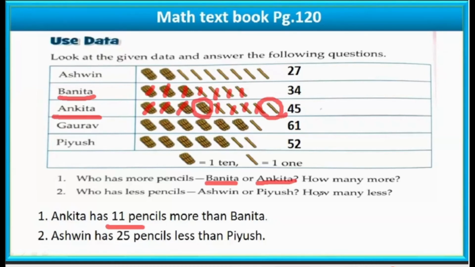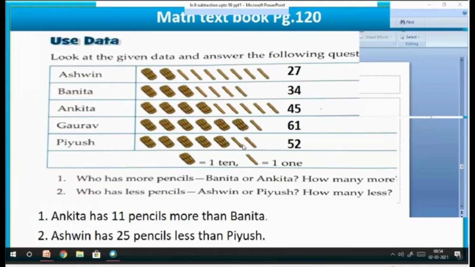Likewise, let's find out who has less pencil by comparing Ashwin and Piyush. Let's write the bigger number first. 52 minus 27. See here, 52 minus 27.